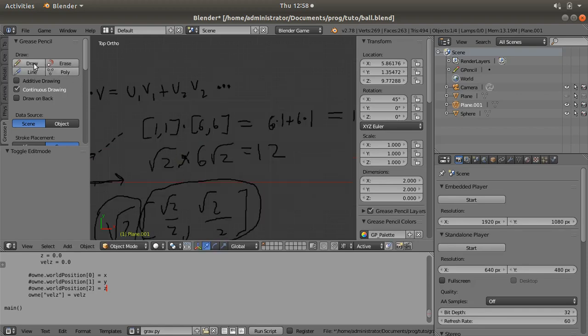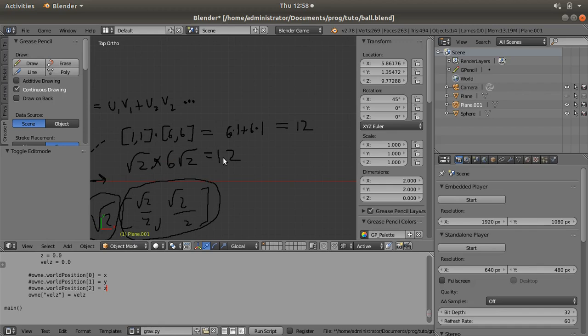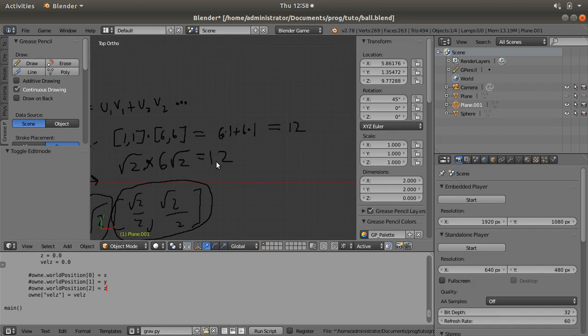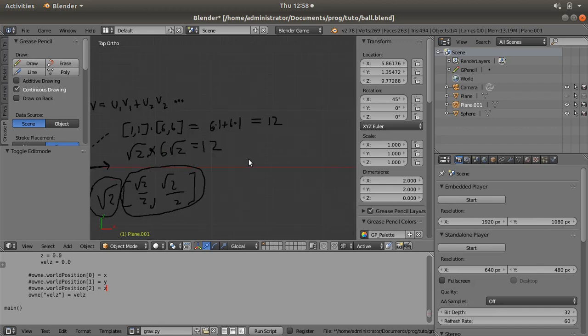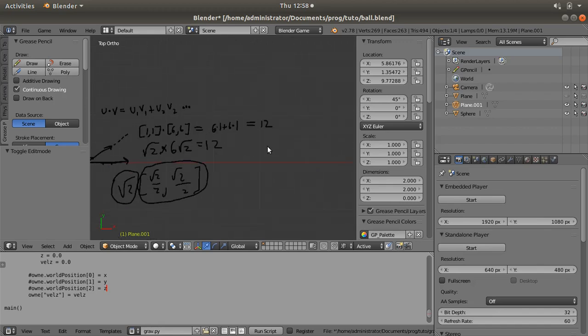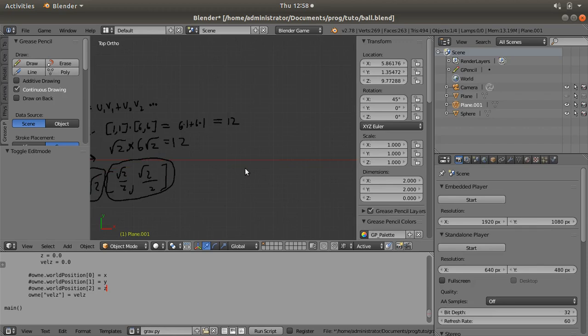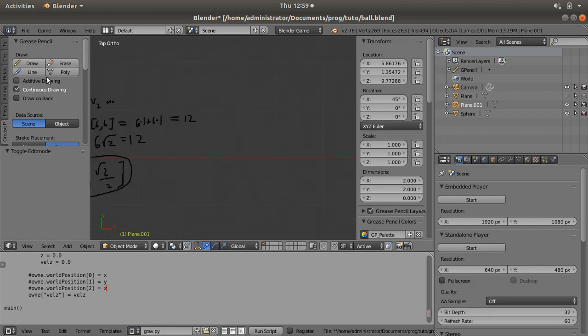And what this also kind of shows is that the dot product is analogous to multiplication in regular algebra. So let's take the vector 1, 2, 3, and I'm going to dot it with itself.